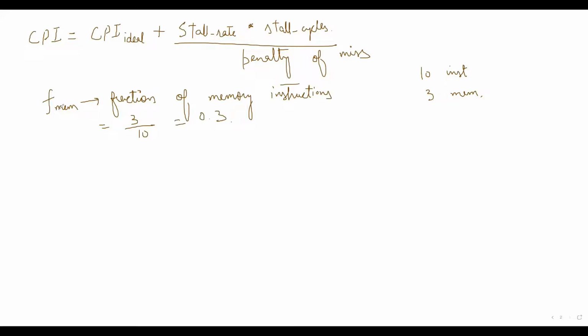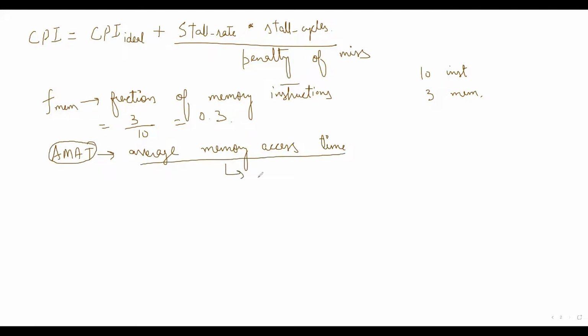So let F mem be the fraction of memory instructions, and AMAT is the average memory access time. Average memory access time here means the average time taken by each instruction.